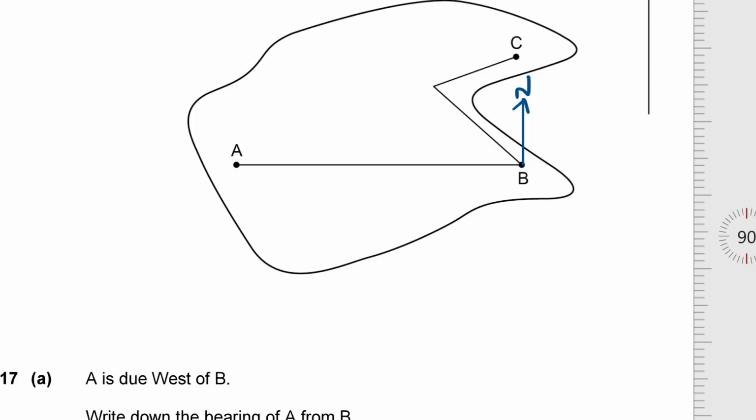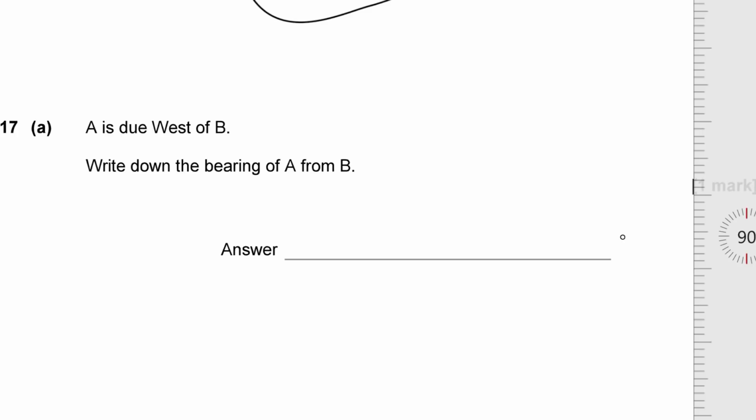So if I want to walk from B to A, I'm going to be heading in this direction. Okay, which is 3/4 of a turn, isn't it? So 3/4 of 360 or 90, 90, 90. It's going to be 270 degrees. So the bearing of A from B is 270 degrees. Just take careful of this language of from, just to make sure you know where your starting point is and the direction you're going.